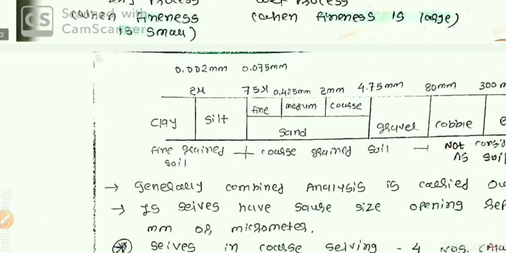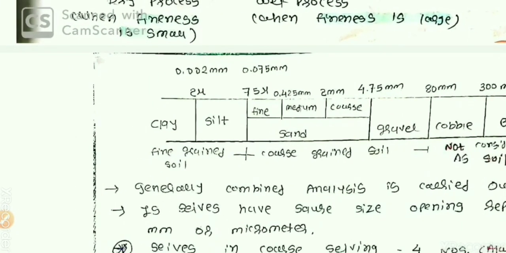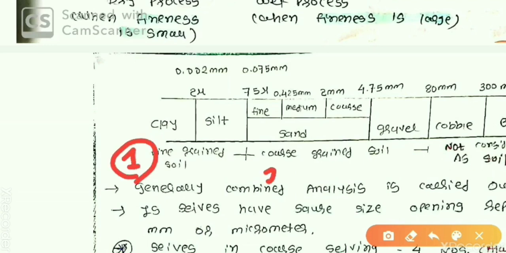Here we have the chart of the various types of soil. The first one is fine grain soil, and another one is coarse grain soil.